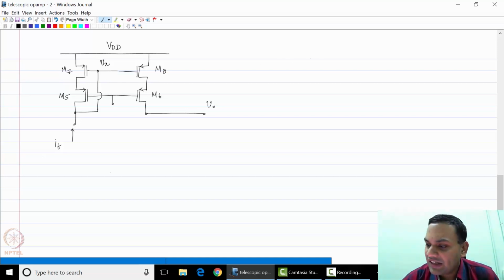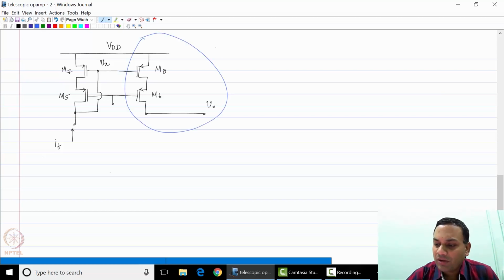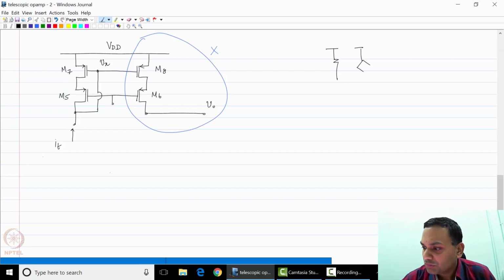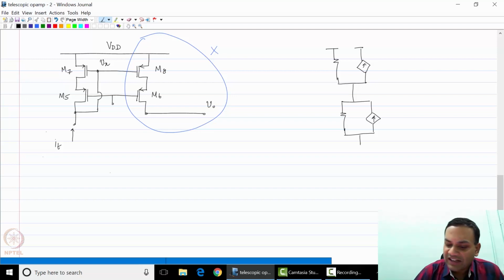So let us draw the small signal equivalent circuit of the left hand side portion alone. As you can see, the right hand side portion will not come into the picture for small signal analysis for finding out the input resistance. So let us draw the small signal picture of the left hand side alone, and let us mark the node.